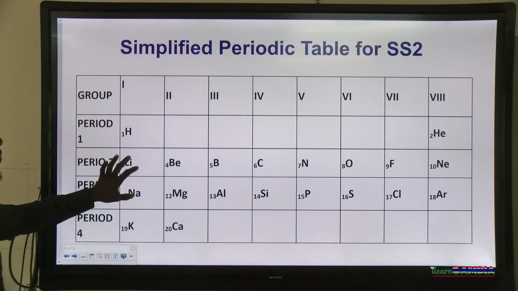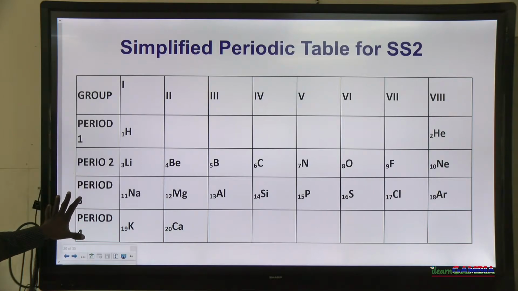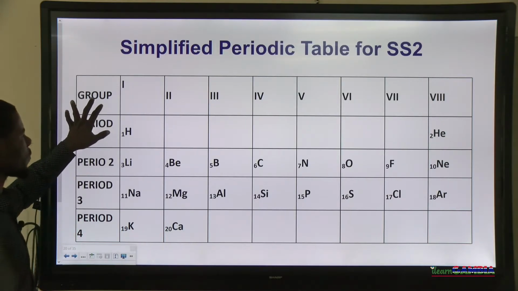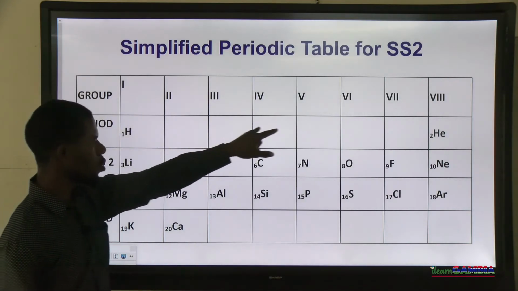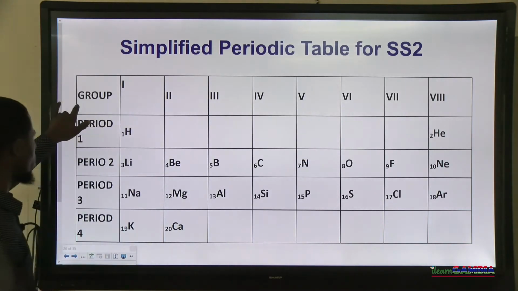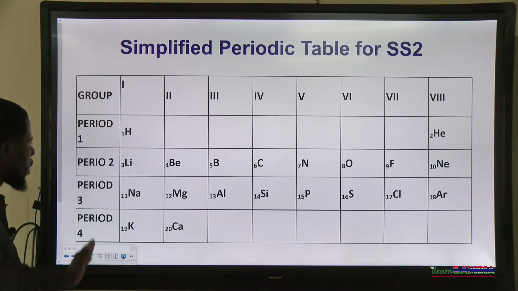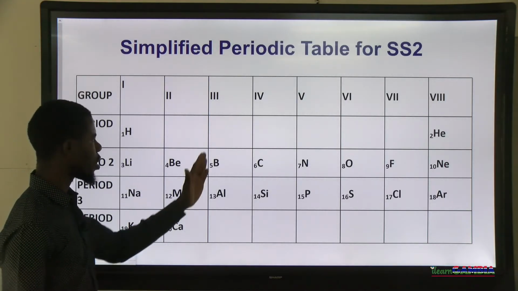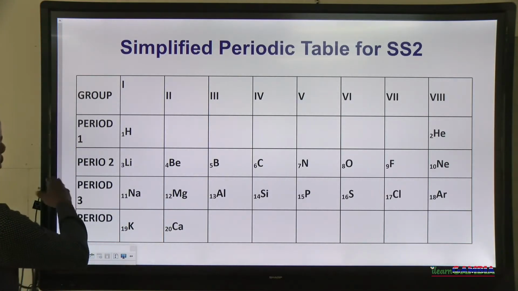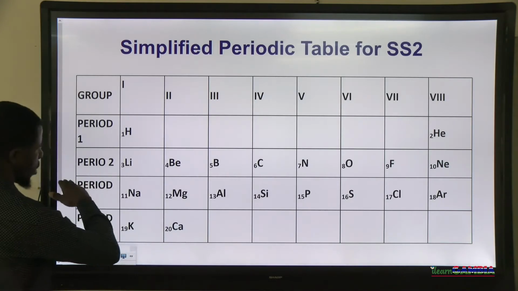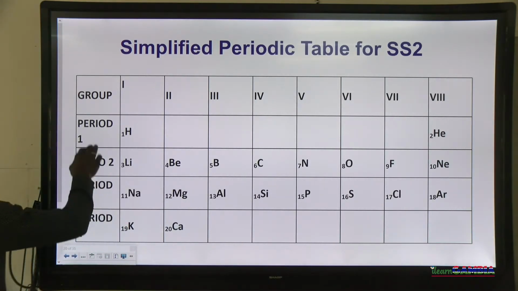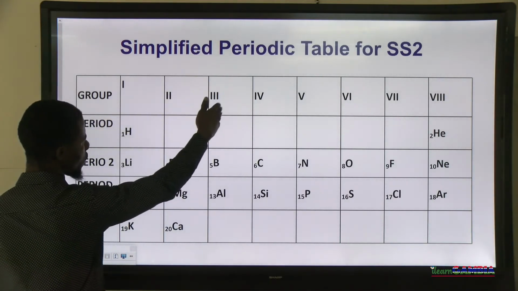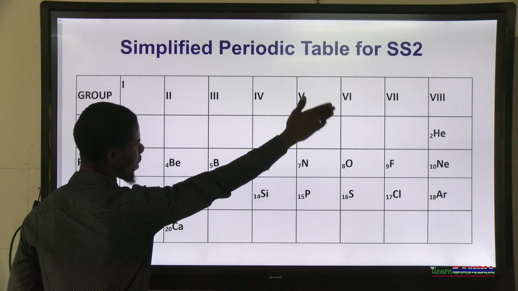This is a simplified model of the periodic table that is listed from group 1 to group 8. The vertical columns are what we call the groups, and the horizontal rows are what we call the periods. So we have group 1, group 2, 3, 4, 5, 6, 7, and 8.